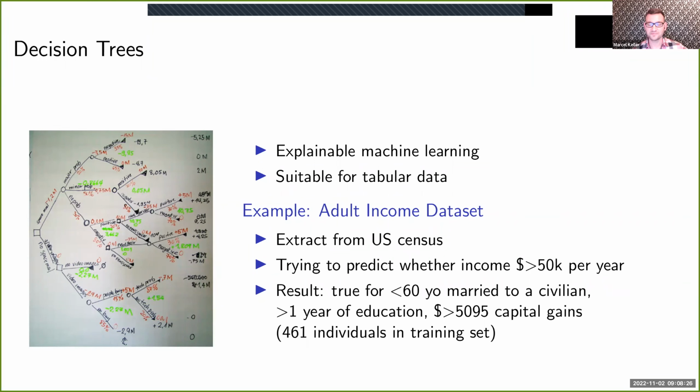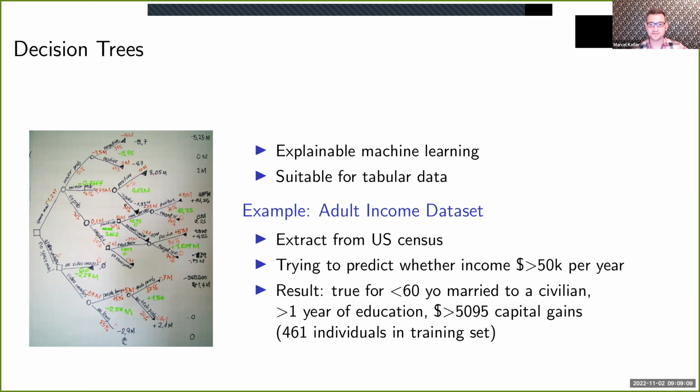As an example, out of many examples on the internet, there is the so-called adult income data set, which is an extract from the United States Census. And the task that comes with that is to predict whether someone makes more than $50,000 per year. And when I ran this with my implementation, you get results like: this is most likely true for someone who's under 60 years old, married to a civilian, because somehow they have this distinction, more than 1 year of education, and more than a certain amount in capital gains.